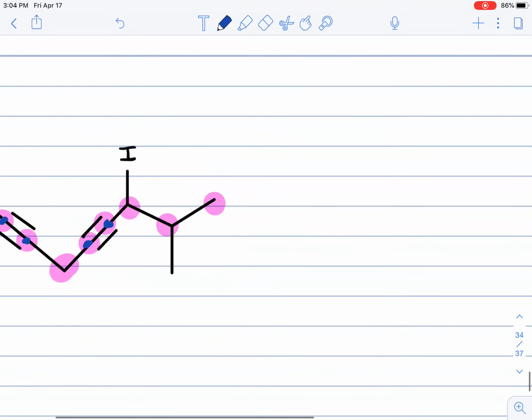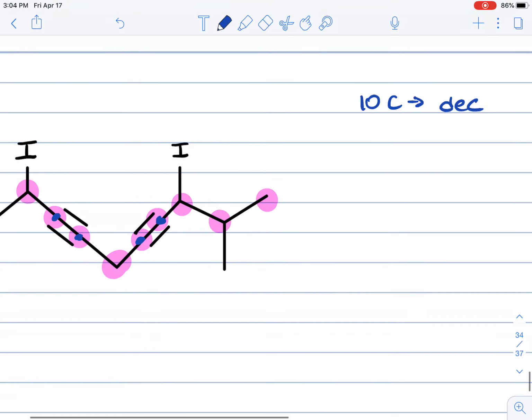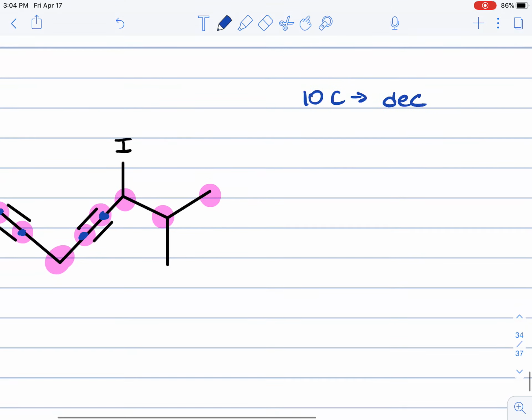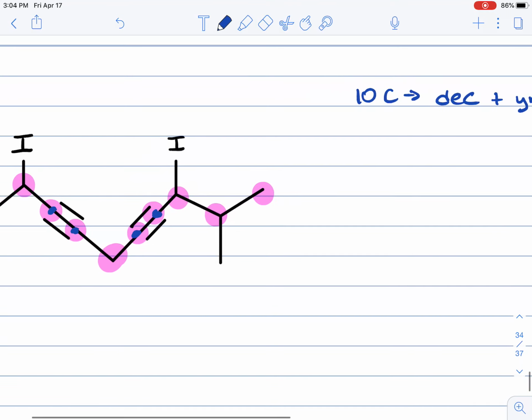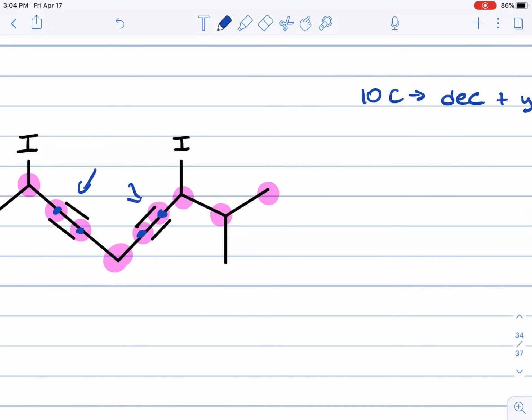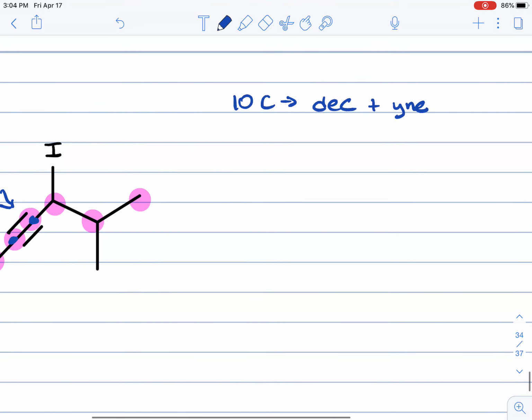Since I have 10 carbons, I'm going to use the prefix dec. And since I have triple bonds, I need to put in -yne. But if you look, I have 2 triple bonds, so I need to put in deca.